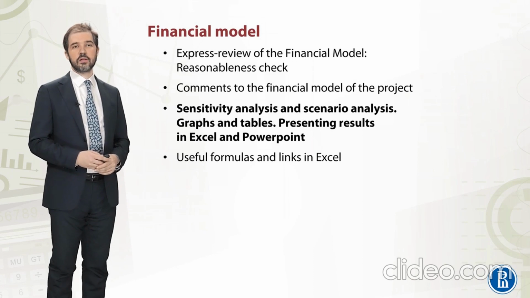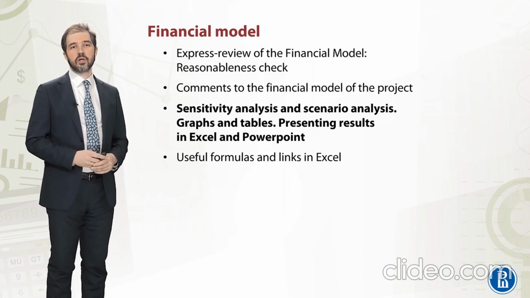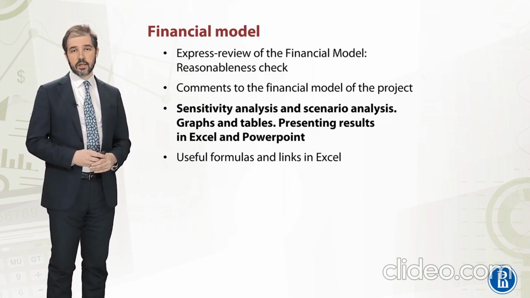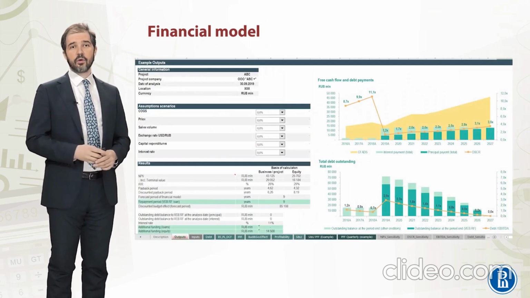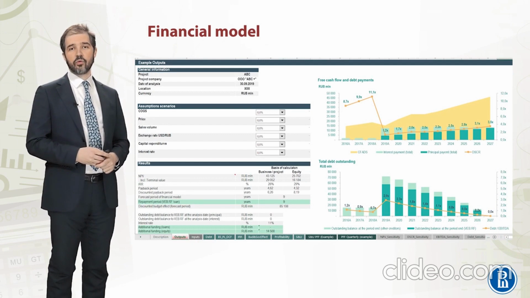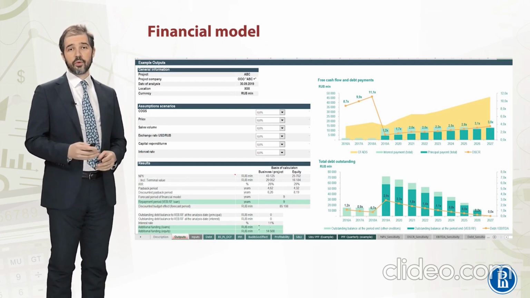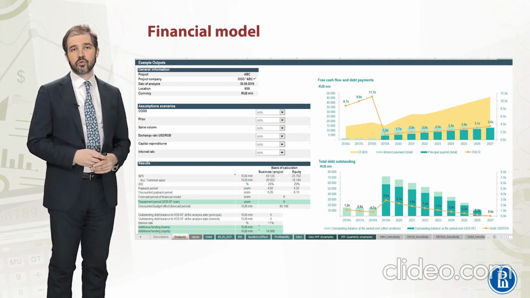Now we move to sensitivity analysis and scenario analysis. We discuss just some examples of graphs and tables and presenting results in Excel and PowerPoint. Here we see some extract of the output list or dashboard with just part of major information about some project or business.